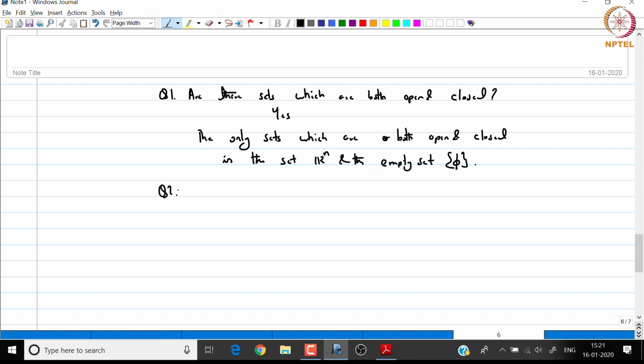So, question 2 was, are there sets which are neither open nor closed? Well, on the real line, you can have sets like this, say this is -1 and 1. So, this includes all points excluding -1 right up to the point 1. So, this is an example of a set which is neither open nor closed. You can call it half open, half closed.